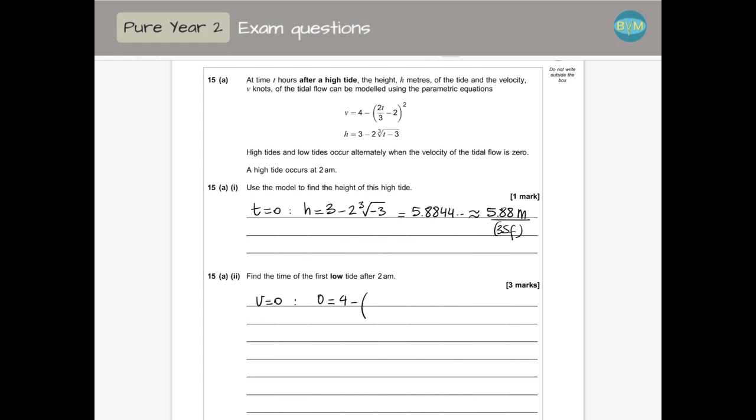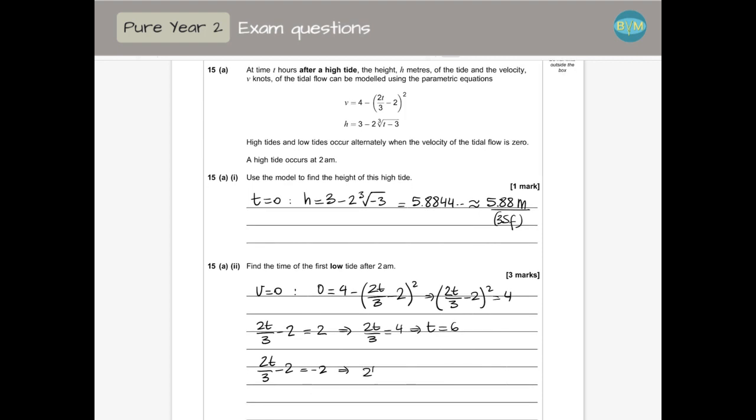I have 0 is 4 minus 2t divided by 3 minus 2 squared, which means that 2t divided by 3 minus 2 squared is 4. So I have two options: 2t divided by 3 minus 2 equals 2, and 2t divided by 3 minus 2 equals minus 2. When this happens, I have 2t divided by 3 is 4, which means that t is 6.